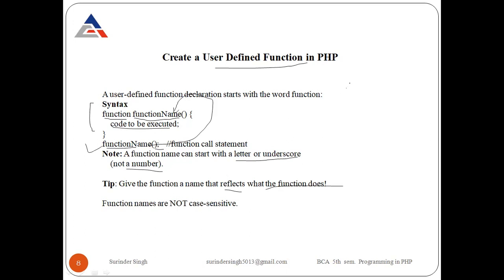Like for example, we have a function named addition. From that function name we can easily identify that this function will do addition. And we have another function like get account number. Suppose we have this function, and from the name of the function we will guess that this function is used for getting account number.